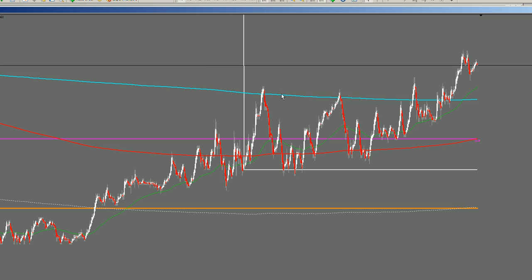So you could have taken a short here, 30 pips to the downside, then taking a long back to the average, taking a short here, maybe taking a long here again. Here you could also have gotten short, but you see we make some kind of higher lows here, so you had to be careful at that point.